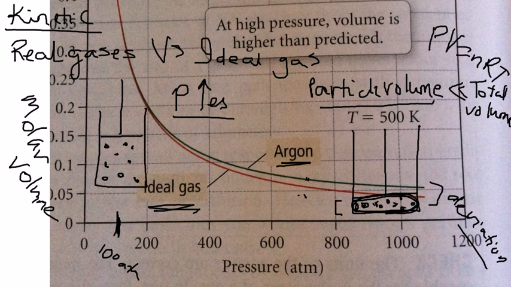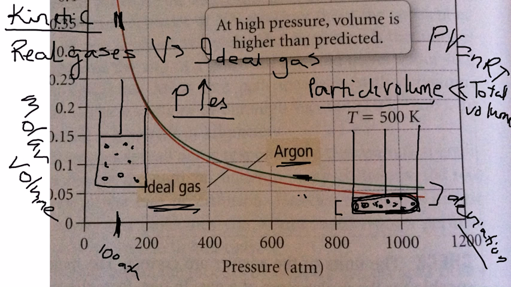When the pressures are really low, the molar volume of argon and the ideal gas are nearly the same. But as the pressure increases, the molar volume of argon, the green one, deviates, and in this case it happens to be greater than the ideal gas.